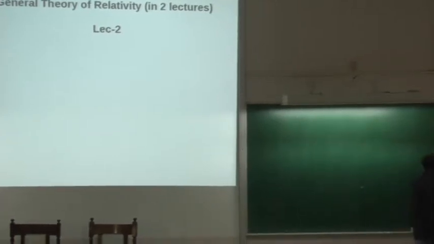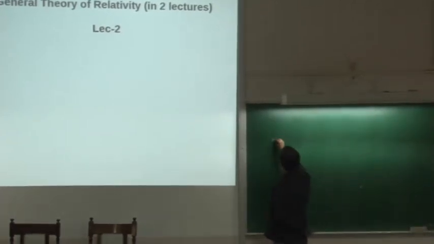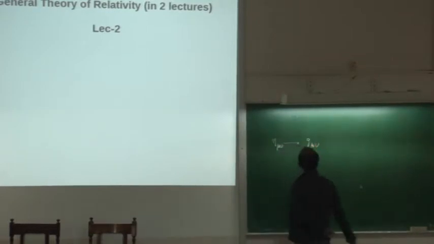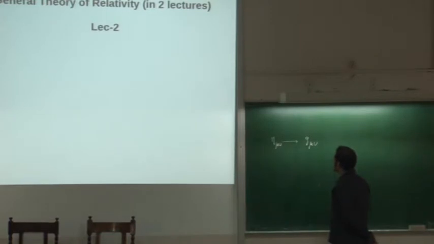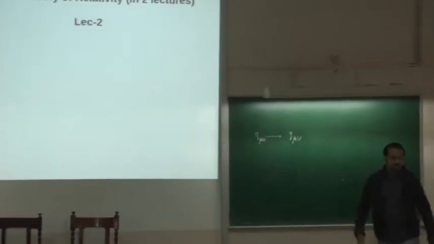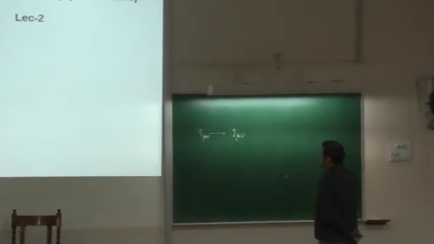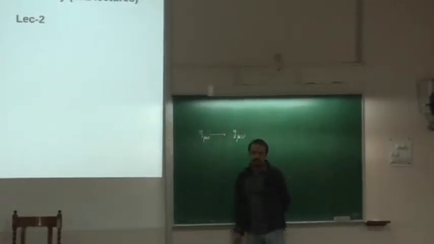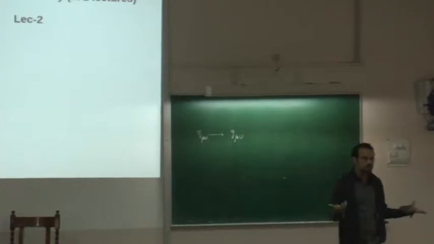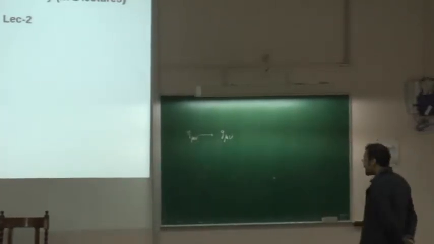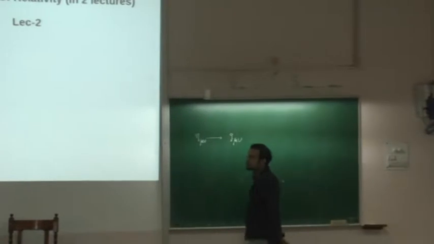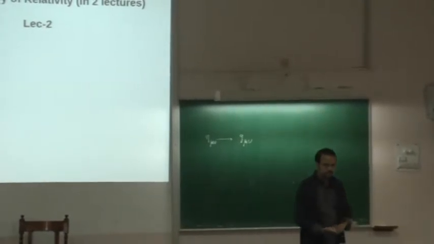And we made this important statement that the transformation from eta mu nu to G mu nu can, in principle, be just a coordinate artifact. We could start with just the flat space-time, do some coordinate transformation and make the space-time look weird and curvilinear. But clearly that has got nothing to do with the intrinsic curvilinearity of the space-time.